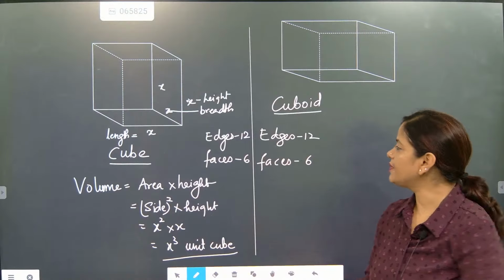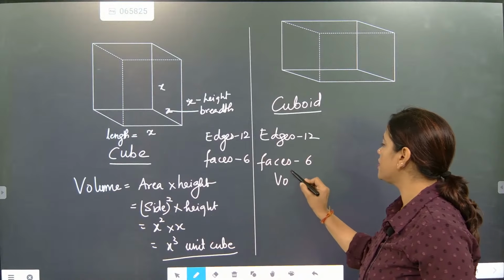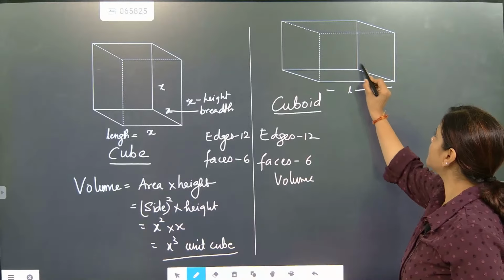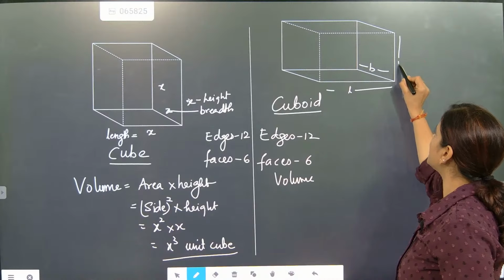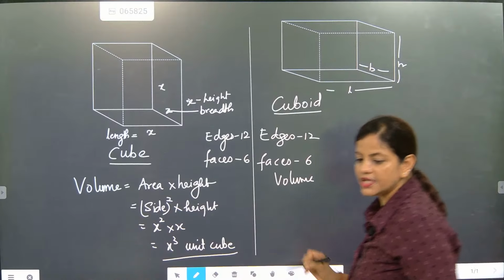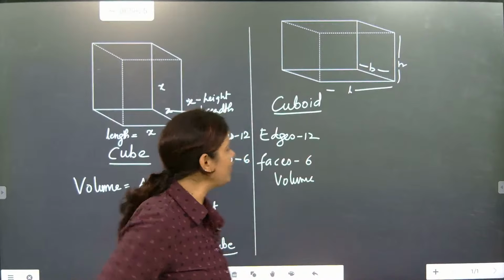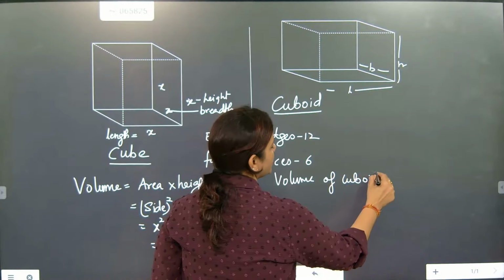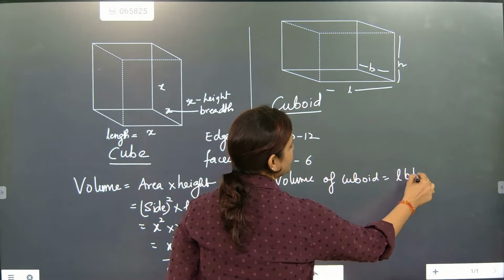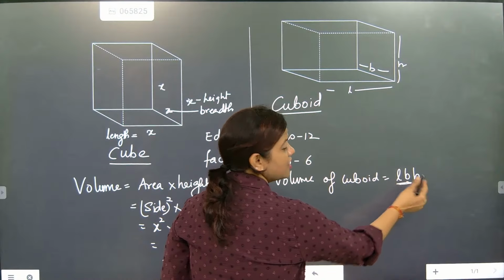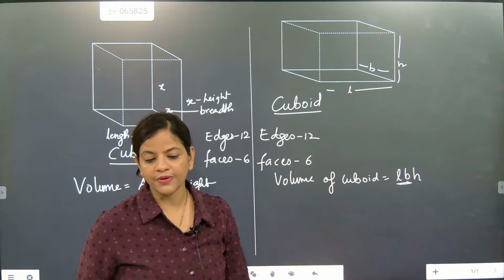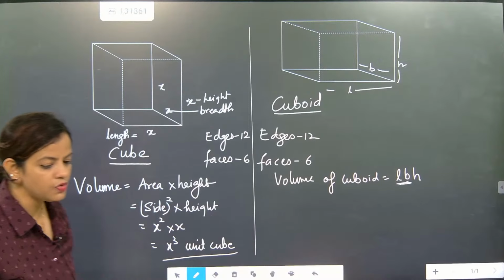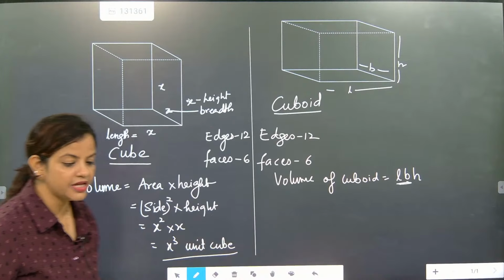Done na? Now beta, what is the volume of cuboid? Here this is length, this part is breadth, and this part is height. All three are different. So volume of cuboid will become what, beta? Volume of cuboid is equal to LBH. LB is area, area into height. That is exactly coming that much.